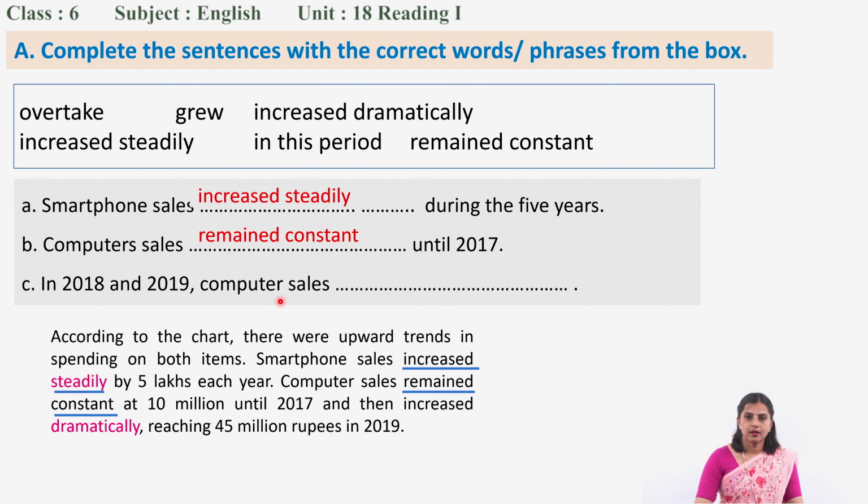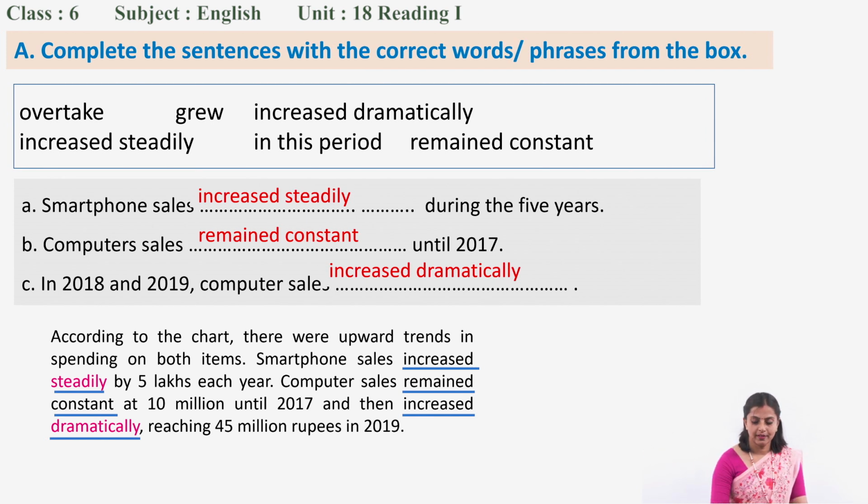Now, in 2018 and 2019, computer sales what? Yes, increased dramatically. There was a dramatic increment in the sales of computers, from 10 million to how much? 45 million.